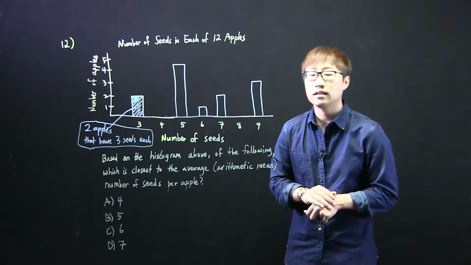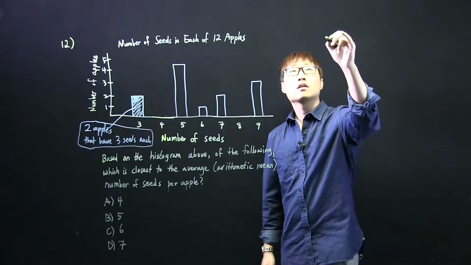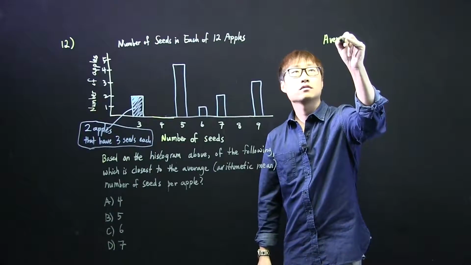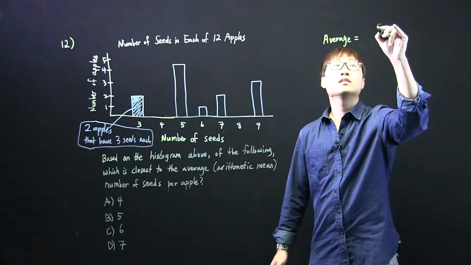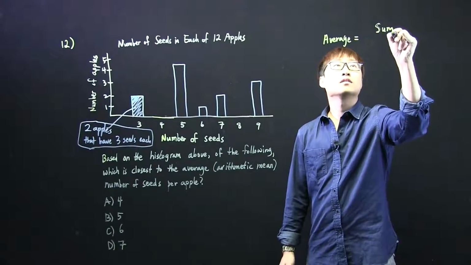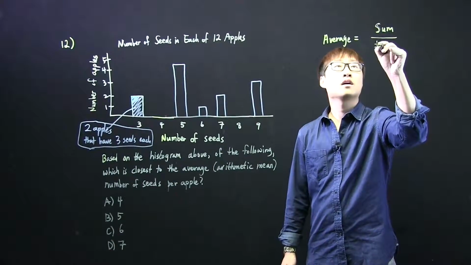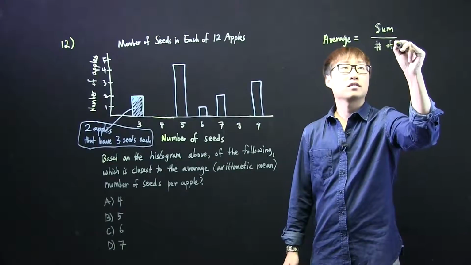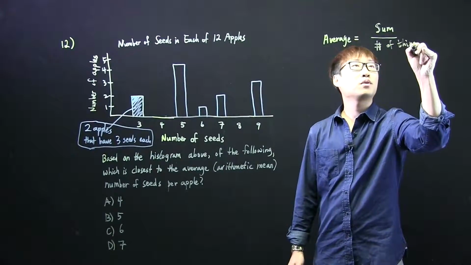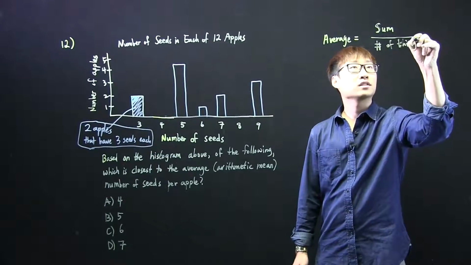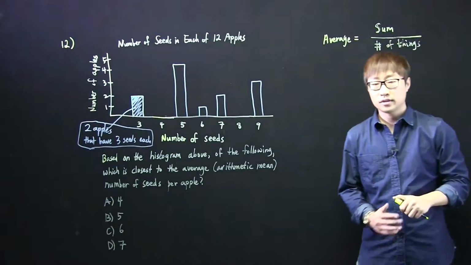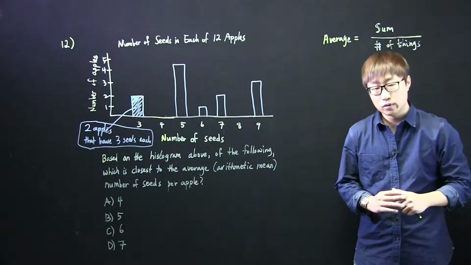Does that make sense? So they are asking us to find the average, right? How do we find the average? Well, average, as we hopefully are familiar with, is sum divided by number of things. Number of things, number of people, whatever number of what you're dealing with in the question. In this case, the number of apples that we will be dealing with.